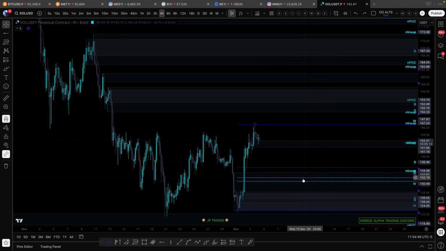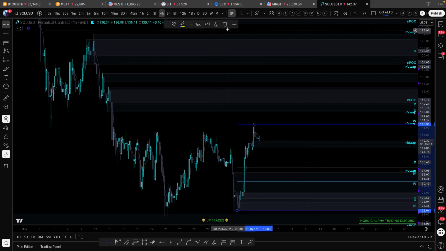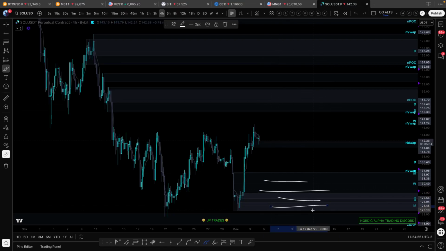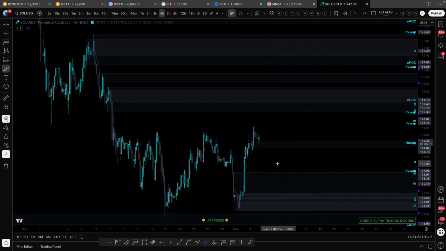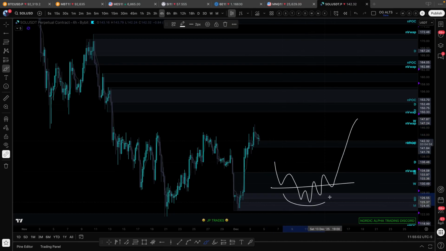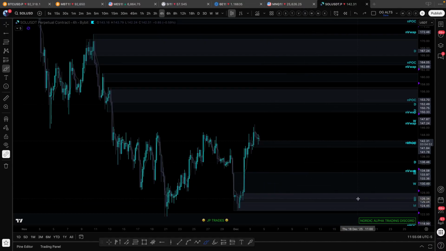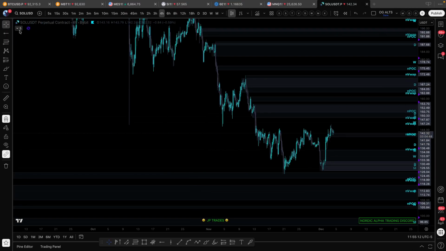So I'd be looking to refine this area down a little bit if you can, or if you're just taking a swing trade, then yeah, you could just layer in some orders here if you want to. However, I would look for some kind of shift out of this or some kind of confirmation as we come down here. I wouldn't just blindly set limit orders, but you can do what you want to do. That's just not how I trade.